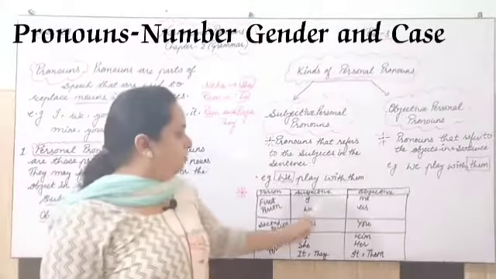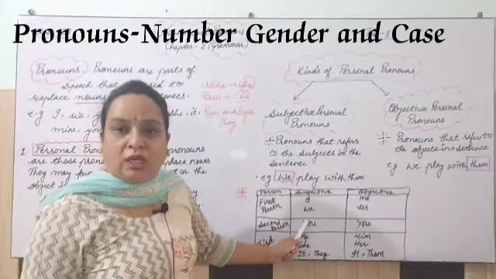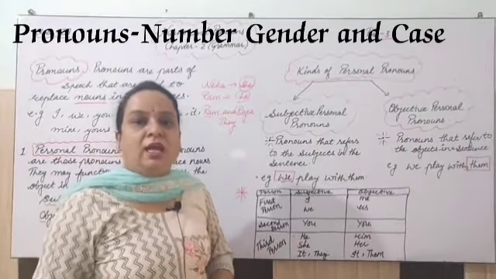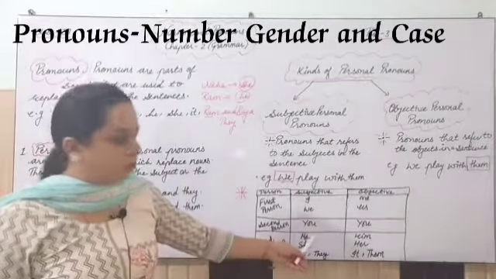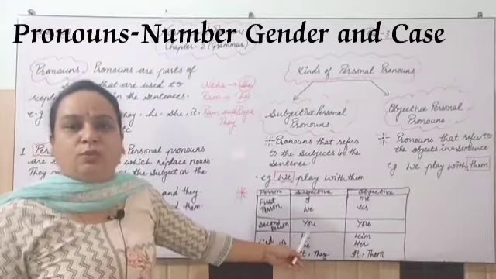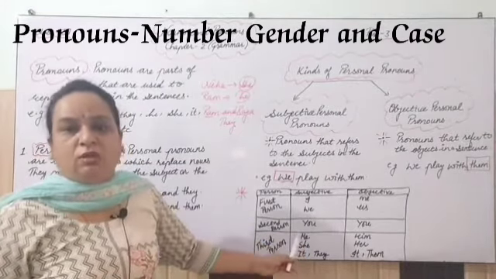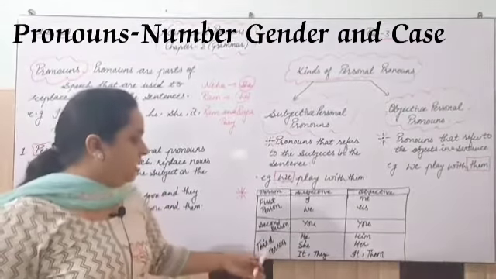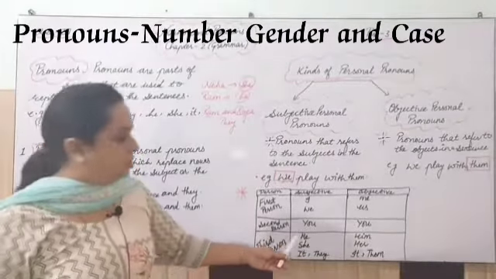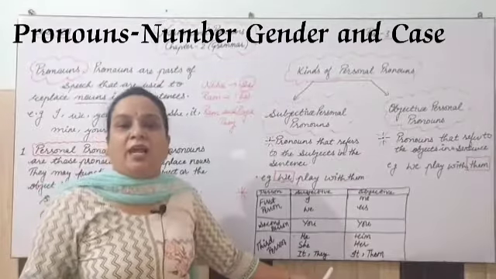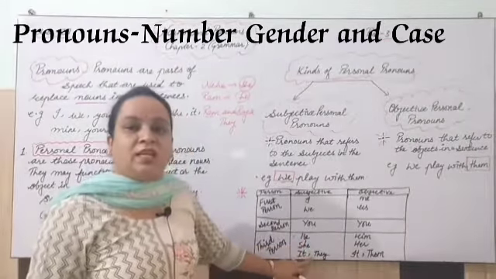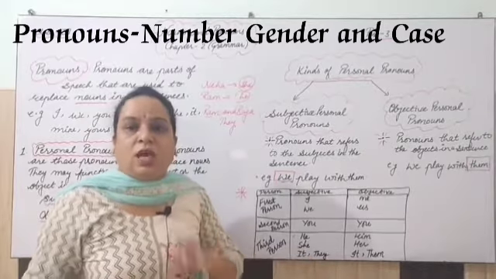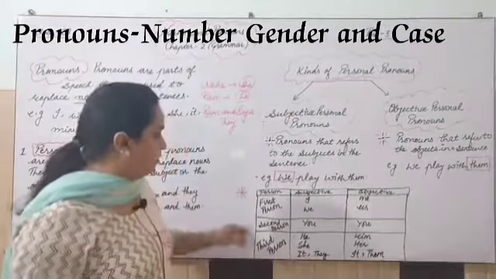And the plural of this is we, right? Singular is I and plural is we. When we talk about second person, you is used in both of the cases, whether it is singular or plural, right? Next is third person. Third person is he, she, it and they. They is plural and he, she, it, that is singular. So let's have a recap, quick revision of that.